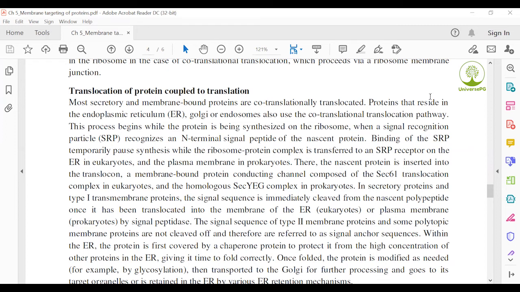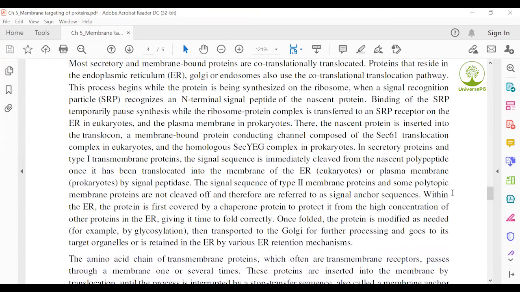In secretory proteins and type 1 transmembrane proteins, the signal sequence is immediately clipped from the nascent polypeptide once it is translocated into the membrane of the endoplasmic reticulum in eukaryotes and the plasma membrane in prokaryotes by signal peptides.